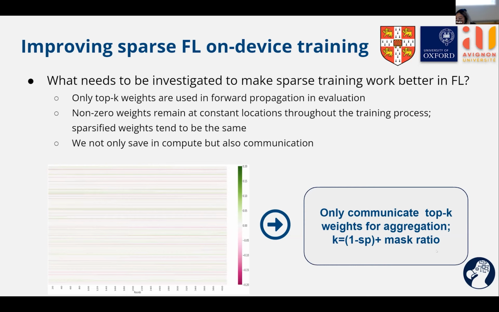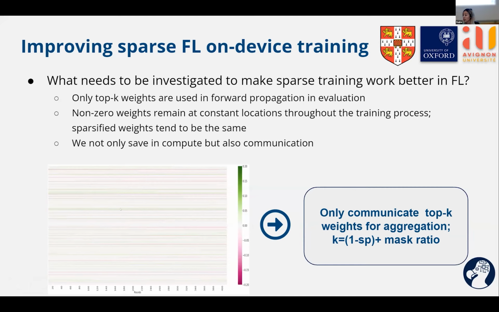In the heat map here, the white part is the sparsified weights, and the colored part depends on the magnitude and the sign, positive or negative. We can see that the white remains white throughout the training process, and the y-axis is the position of the weights, which means that we can send the top-k weights to the server for aggregation without reducing the performance.